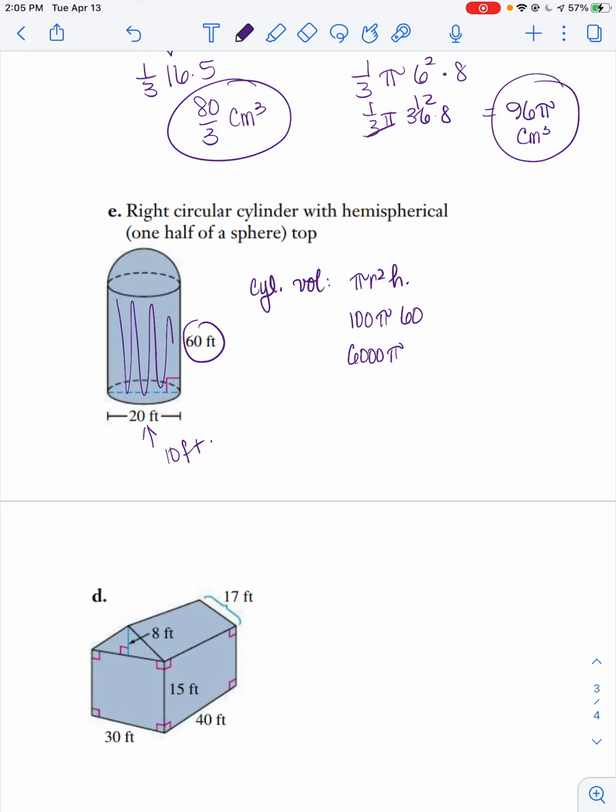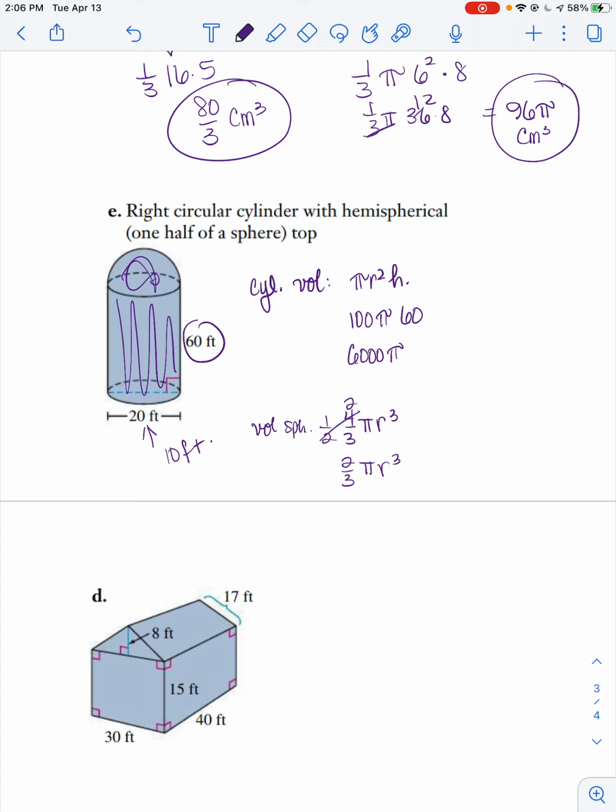I can add that volume to the volume of my hemisphere on the top. I know that the volume of a sphere is 4/3 pi r cubed. But this is half of that, so I'll stick a 1/2 in front, cancel that down to 2/3 pi r cubed.